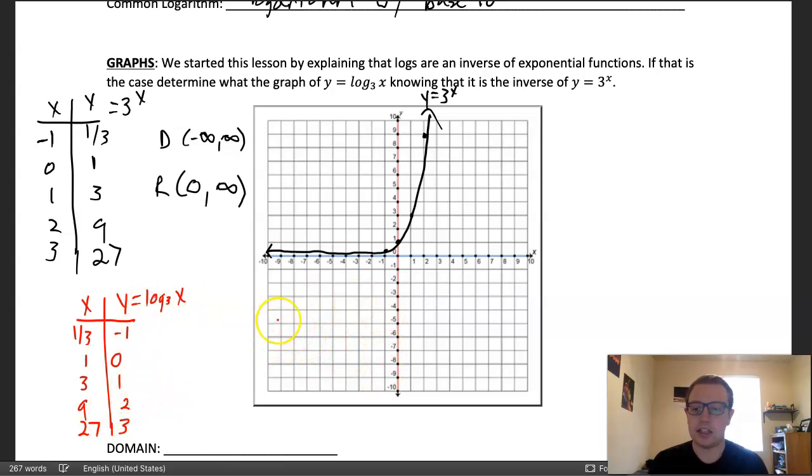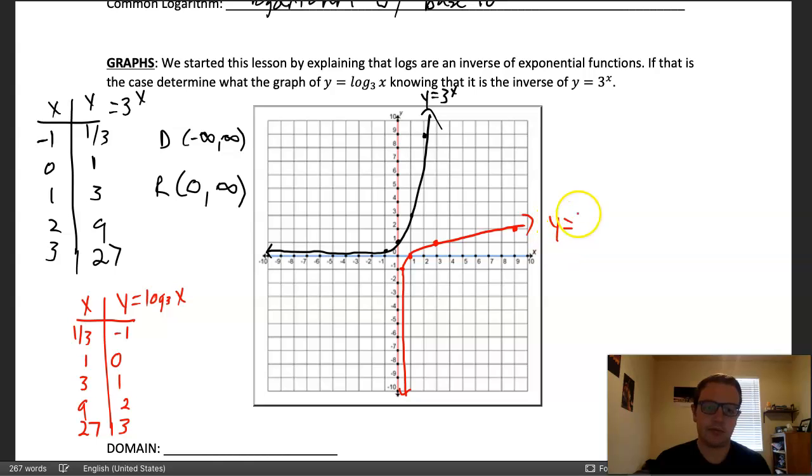So now it's time to put this equation in. At x is 1/3, we have a value of -1. At 1, we have 0. At 3, we get to 1. At 9, we get to 2. So our graph of log base 3 of x looks something like this. Okay?